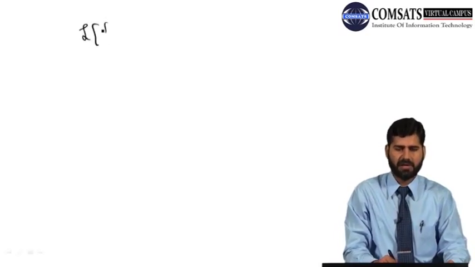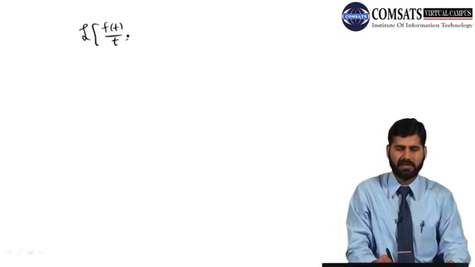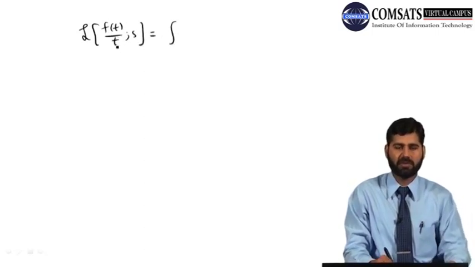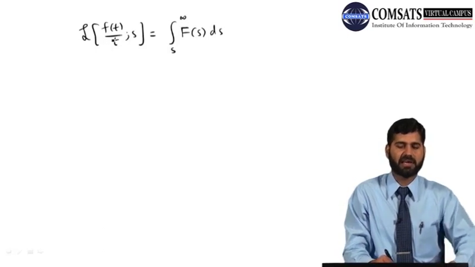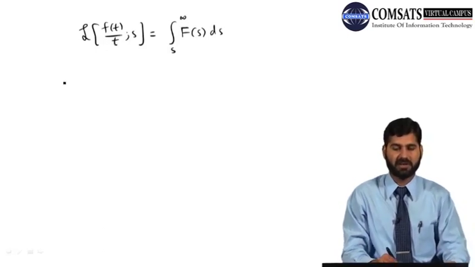Our next example was the Laplace transform of f(t) divided by t. What we do is we don't worry about the division by t, we just take the Laplace transform of f(t), which is F(s), and we integrate it from s to infinity. This takes care of the t in the denominator.